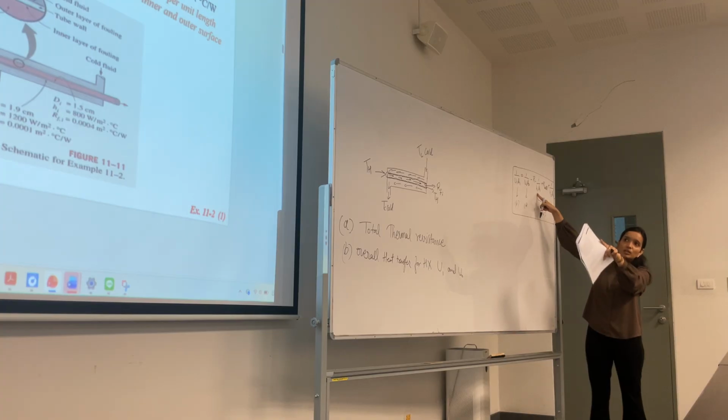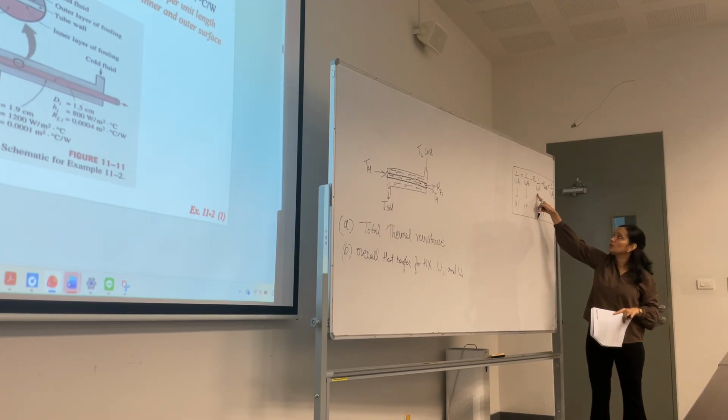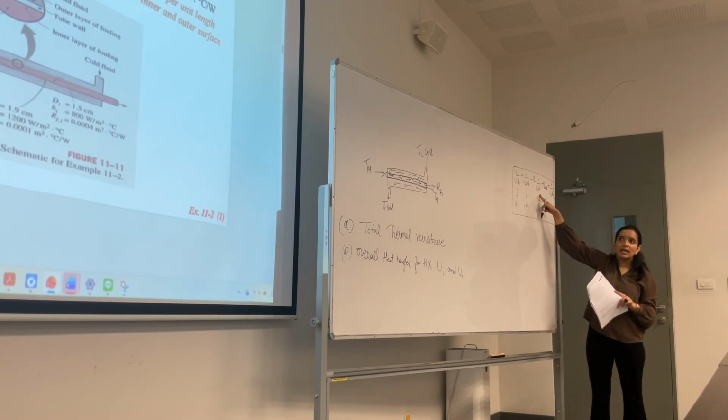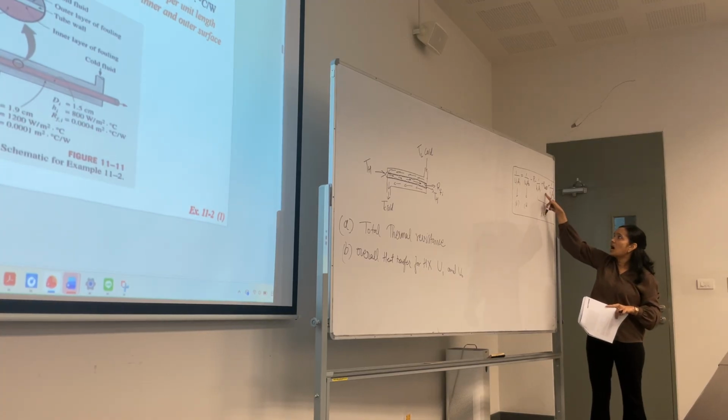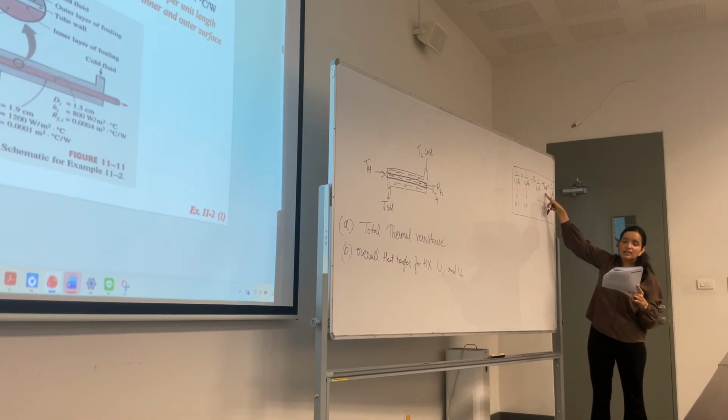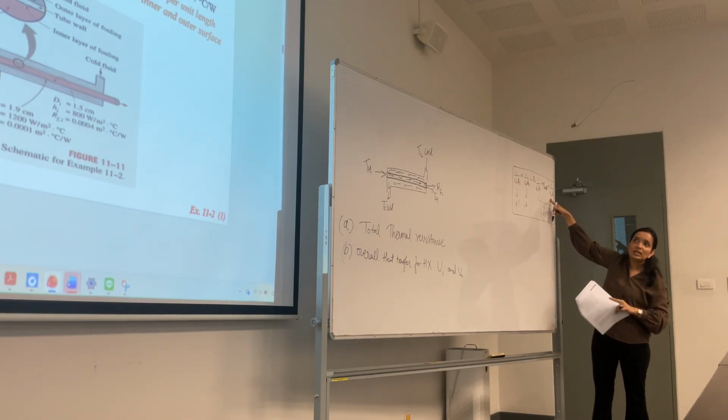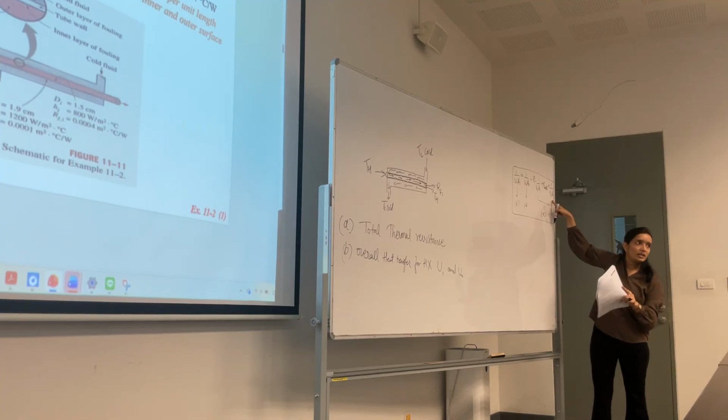HI is given in your question, 800. Okay, AI is not given. AI we can calculate because diameter is given. Right. R wall is conduction in the cylinder, so this we can also calculate. HO is also given, 1200. AO we can calculate, it's area.